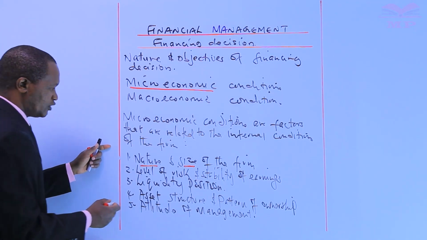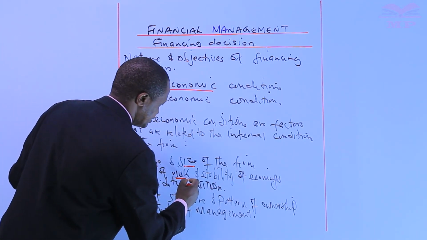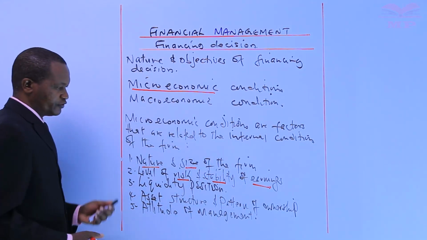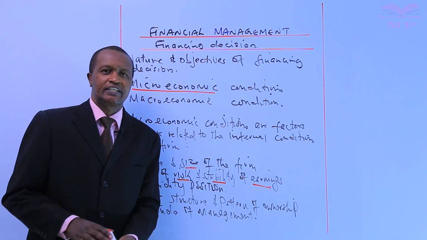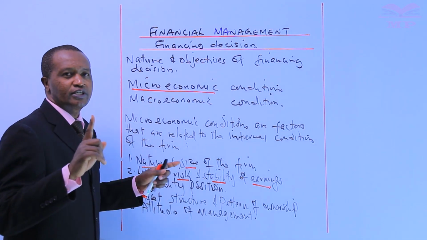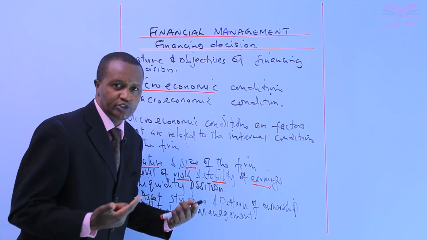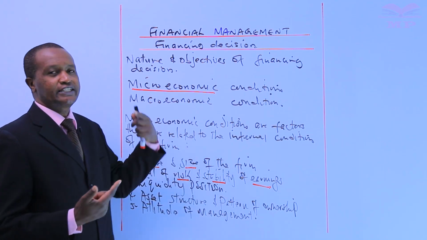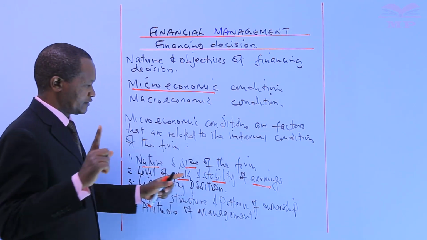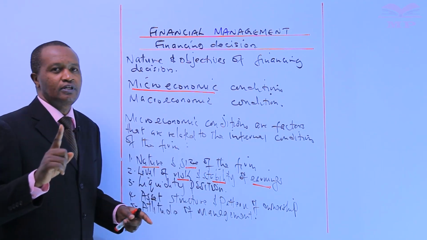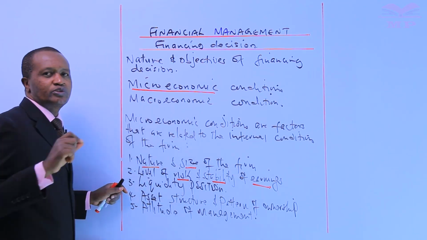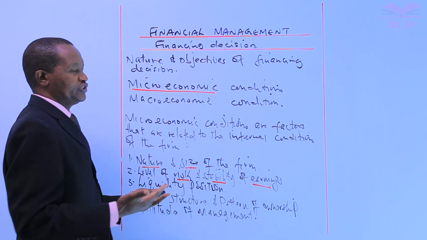Then there is the level of risk and stability of earnings. Candidates, risk is another important factor influencing financing decisions, because the greater the risk, the higher the discount factor. And therefore, risk influences the long-term investment decision or capital budgeting decision.